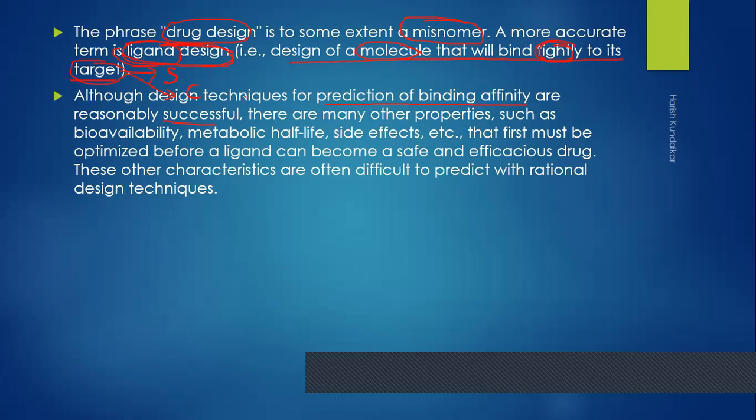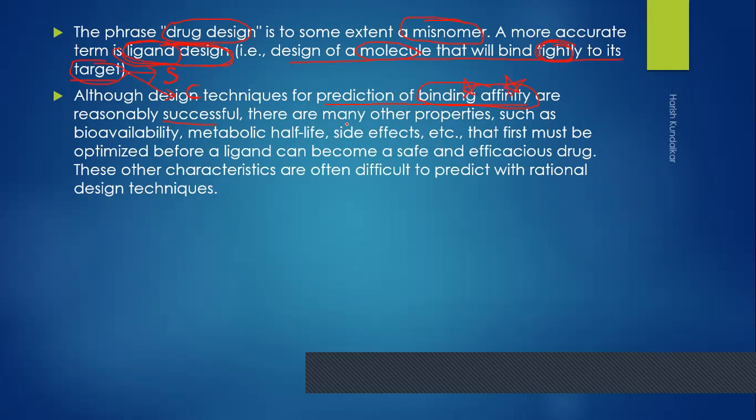And then we try to predict the binding affinity using computational software. This is the basics of computer-aided drug design. We try to design a ligand, then we try to see how that ligand would fit tightly into the receptor, and then we try to find out how tightly it is binding to the receptor by prediction of the binding affinity.